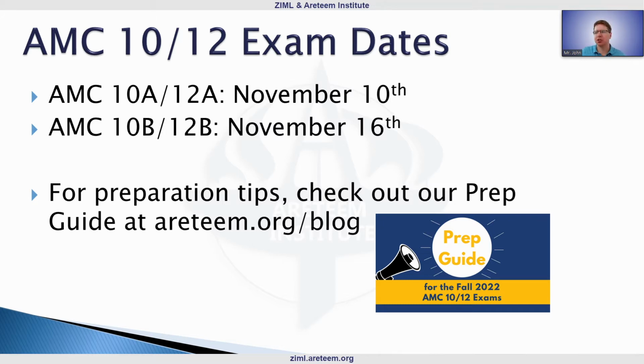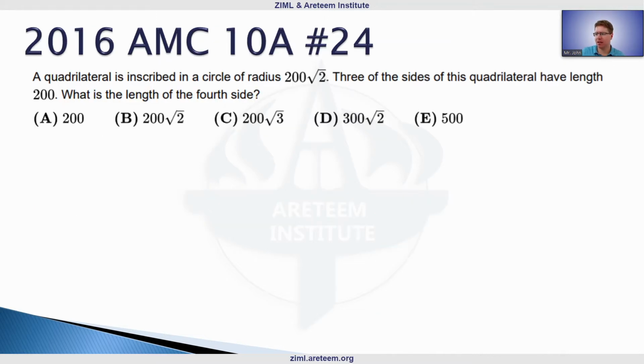But let's jump into our focus of the day, which of course is solving some problems here. So the first problem is from the 2016 AMC 10A. Both problems are from the same year. This question was actually on both the 10 and 12 exams, talking about a quadrilateral inscribed in a circle of a given radius.